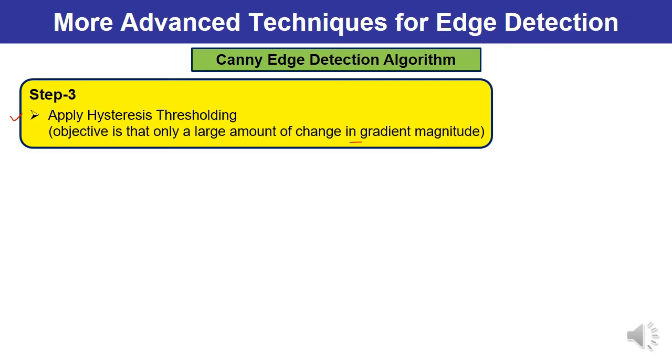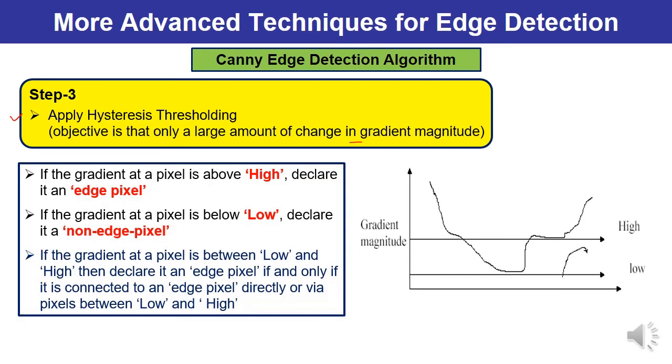In this case, we can consider 2 levels of threshold, let us say T0 for low and T1 for high. On the x-axis these values have been taken, and along the y-axis the gradient magnitudes.